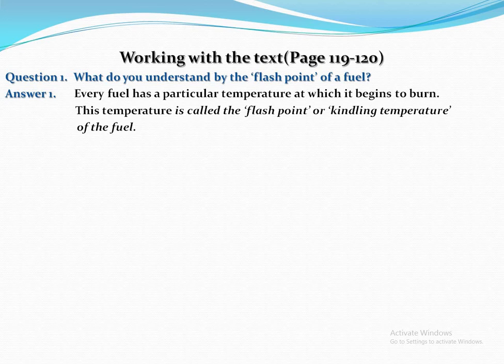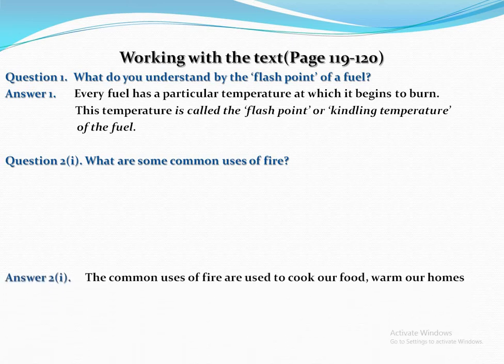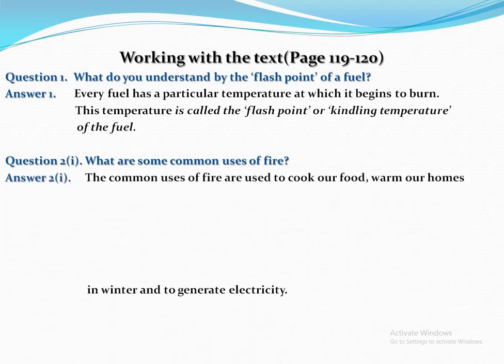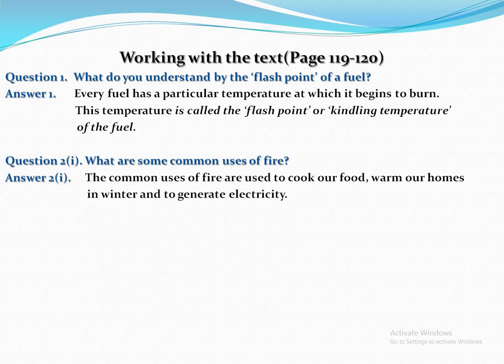Now let's go to the question number 2. The first part of this question is what are some common uses of fire? The answer of this question is the common uses of fire are used to cook our food, warm our homes in winter, and to generate electricity.